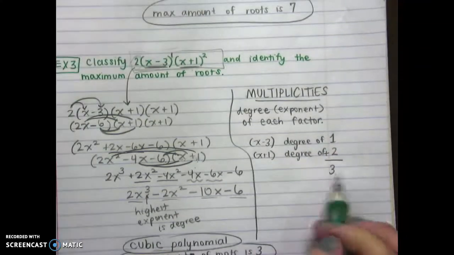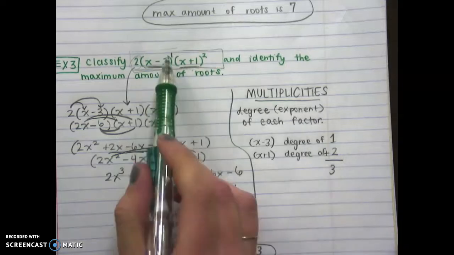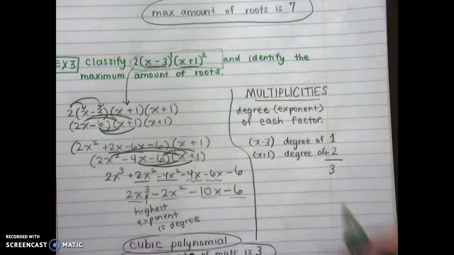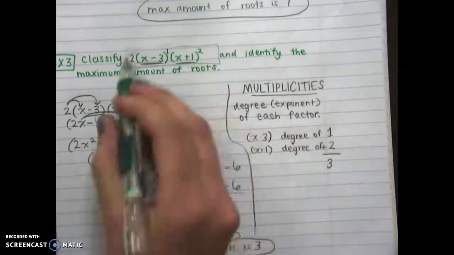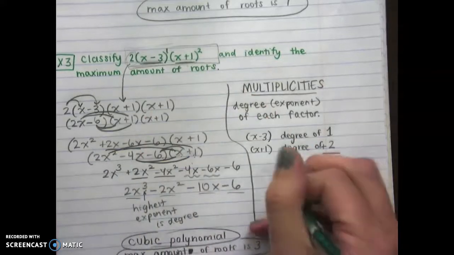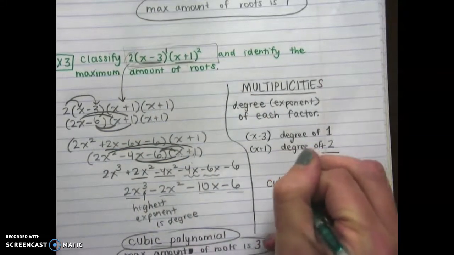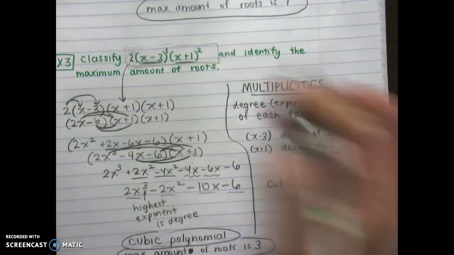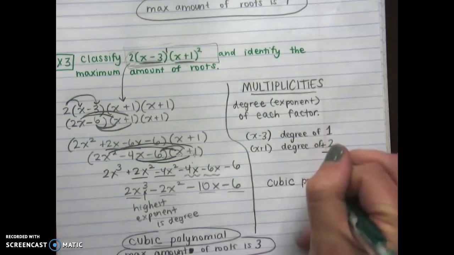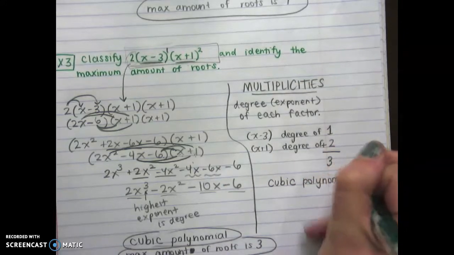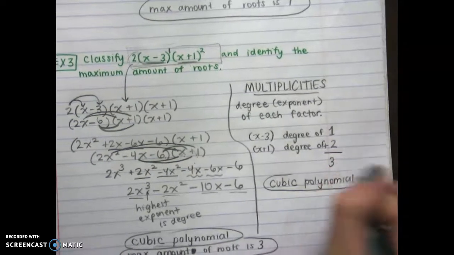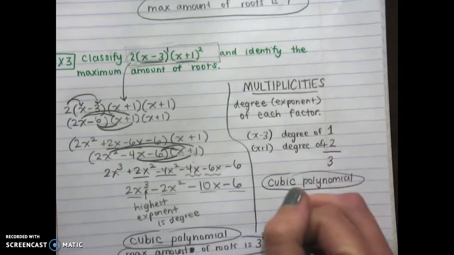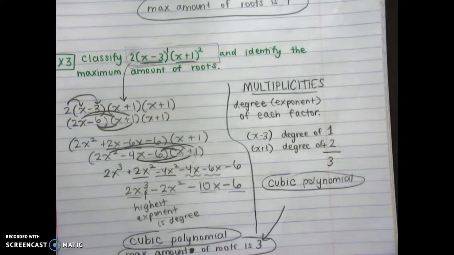So you can add the multiplicities, the degree or exponent of each factor, to find the degree of the whole polynomial in factored form. So then we know that this is cubic, and we'll have multiple terms. So this is a cubic polynomial, which means the maximum amount of roots is 3 because it's cubic.